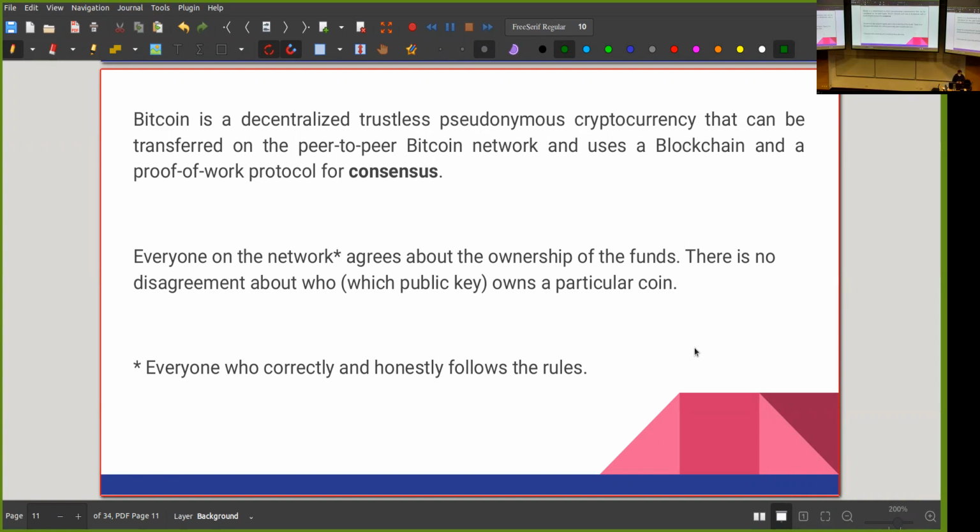And that's it. There is no challenging that, and there is no way that two different people can have a disagreement about someone's balance. But as soon as we go to a decentralized system, as soon as we have so many different nodes on the network and all of them are equal, it suddenly becomes much harder to get consensus. But anyway, I'm just defining my terms. So consensus means everyone agrees about who owns how much.